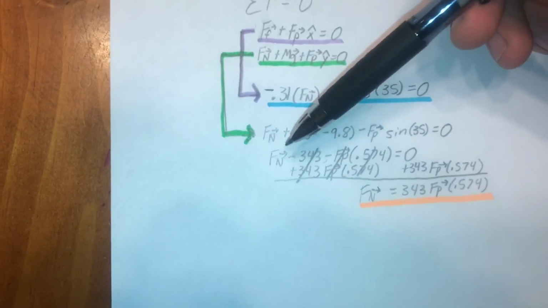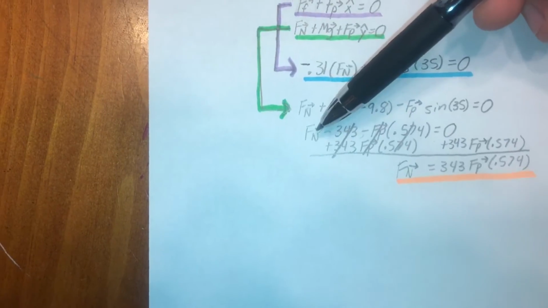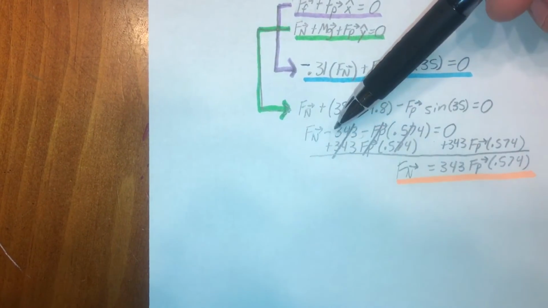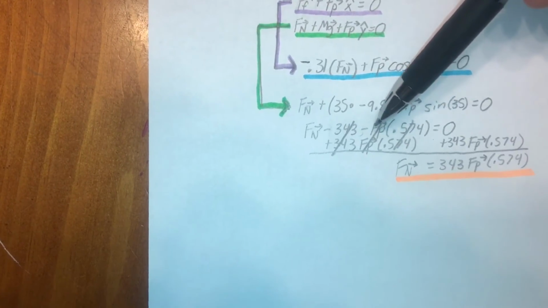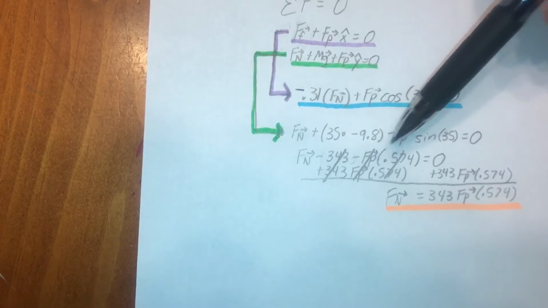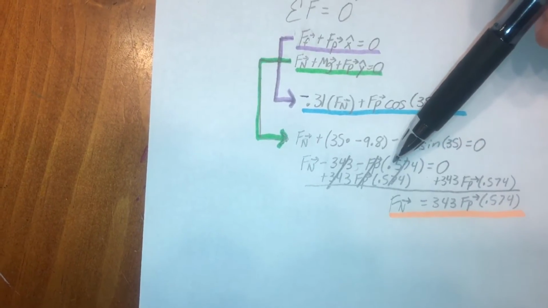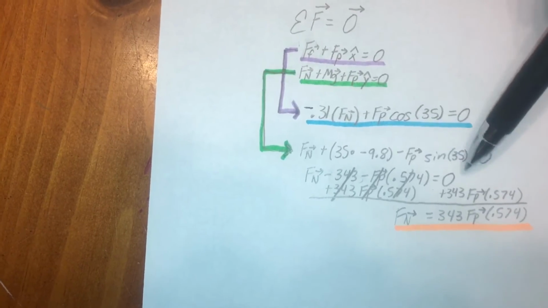So then I simplified it by just distributing, and I got my normal force minus 343 minus force of push times 0.574, which is sine 35, equals 0.